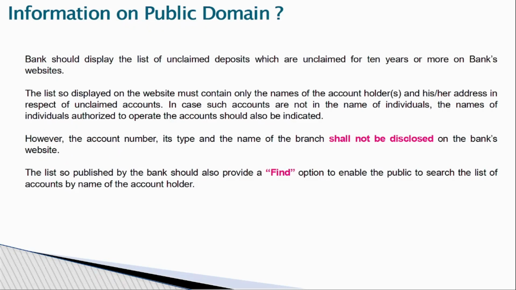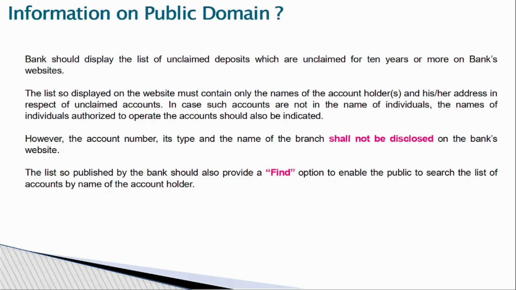Information in the public domain. See, whatever the unclaimed deposits or inoperative accounts, banks have to publish and keep the details in the public domain website. But they will mention only the name and a few pieces of information. The customer has to search and there will be a find option.